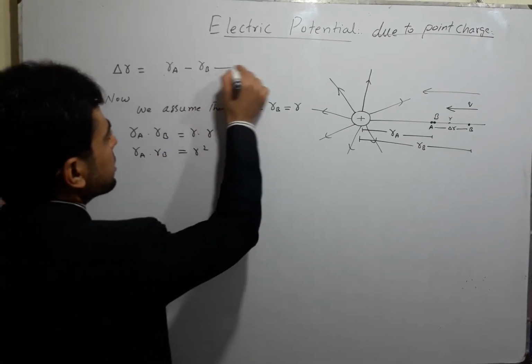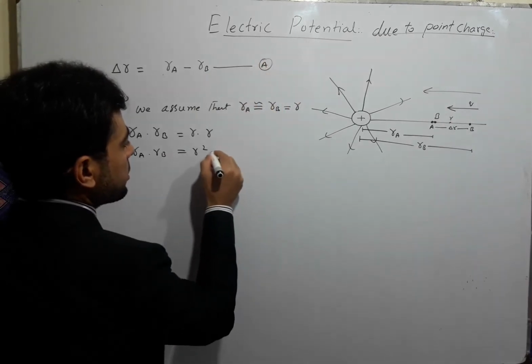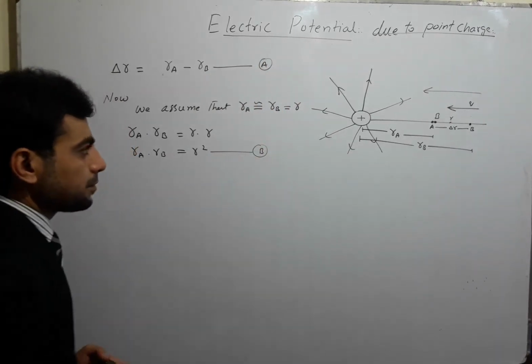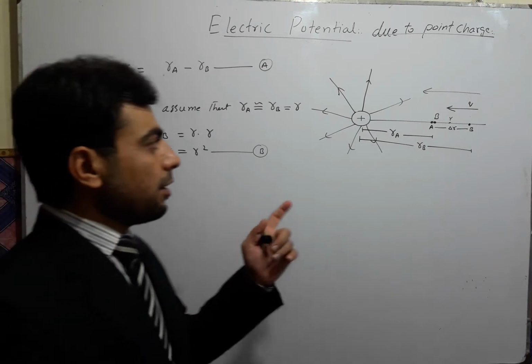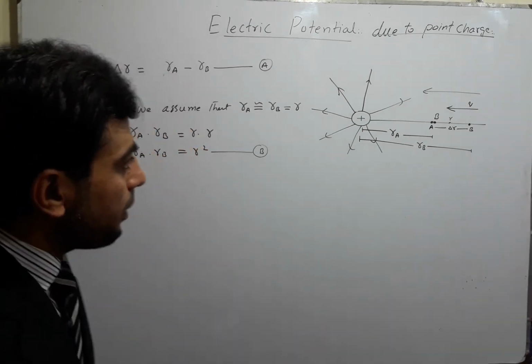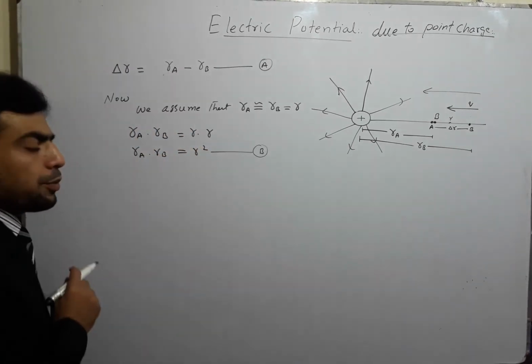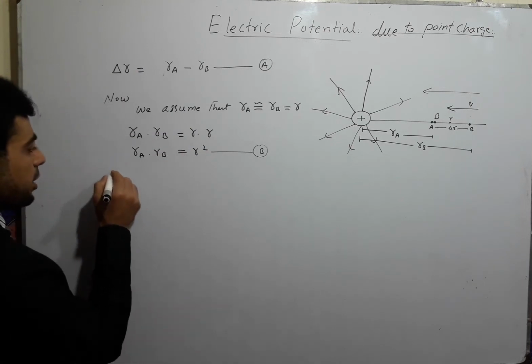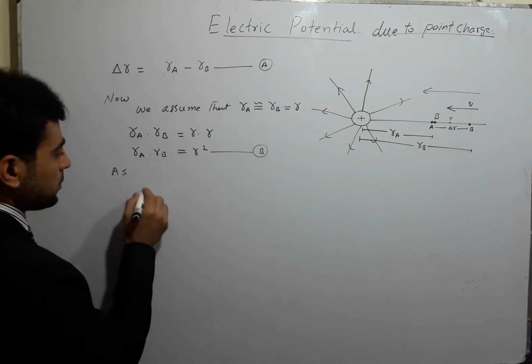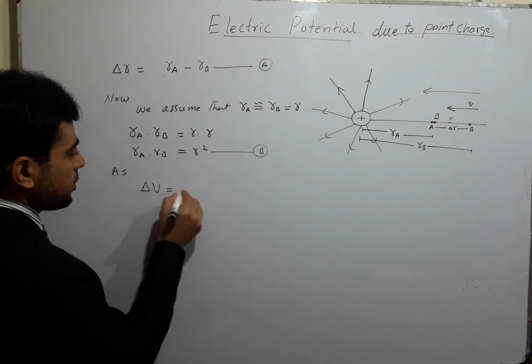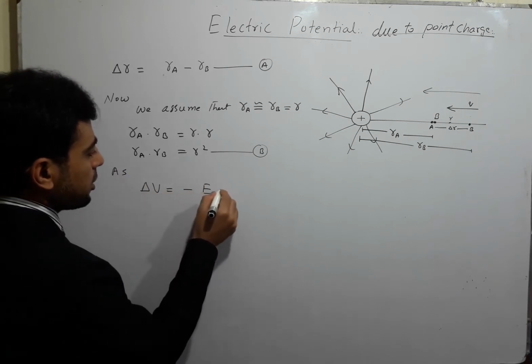So this is our equation A, this is our equation B. Now we will find it using the potential gradient, as we know that change in potential is equal to minus E into d.